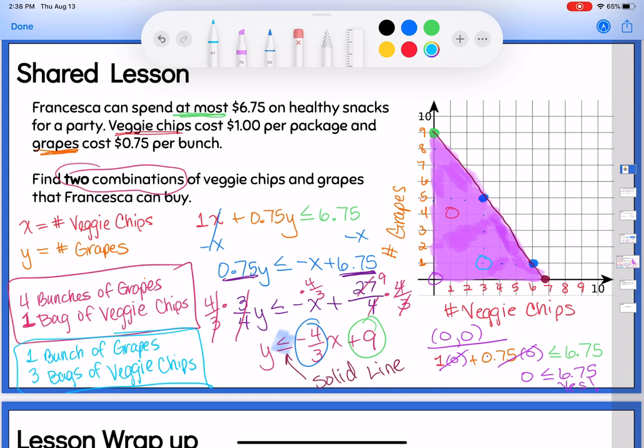And if you get those backwards, 4 veggie chips and 1 grapes, maybe it's not a solution anymore. So be careful, right? Whenever you have a real world situation, label those answers. Don't write your solution as a point, write it with the labels. But other than that, hopefully you can really tackle even the real world situation given that linear inequality.